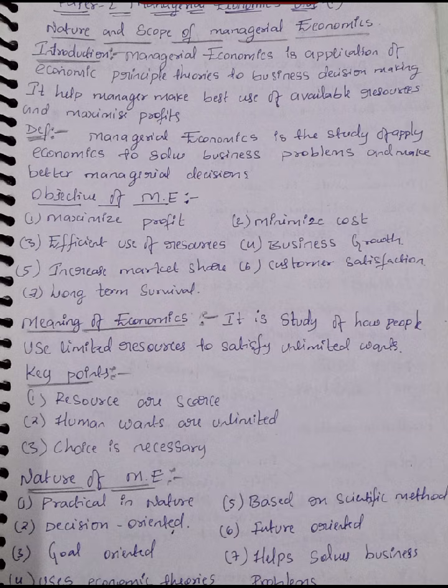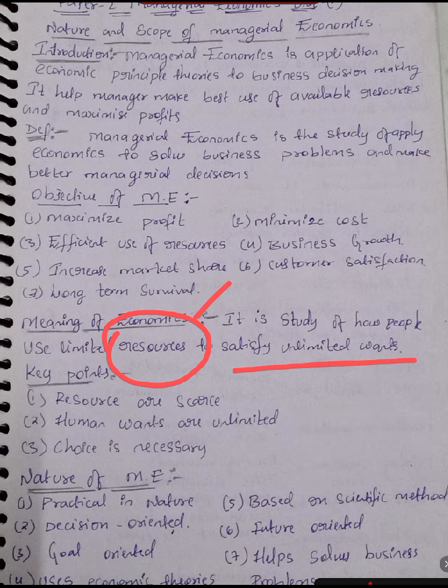So what is that? Maximize profit, minimize cost, efficient use of resources, business growth and increase market share, customer satisfaction, long term survival. And the meaning of economics: it is the study of how people use limited resources to satisfy unlimited wants.